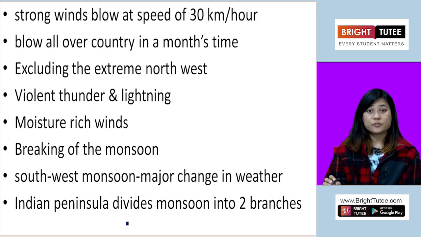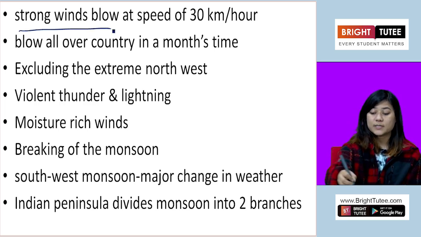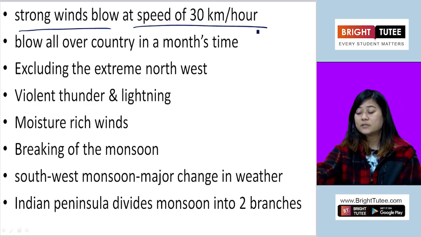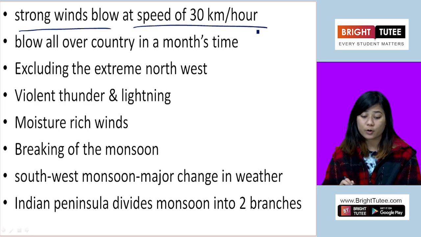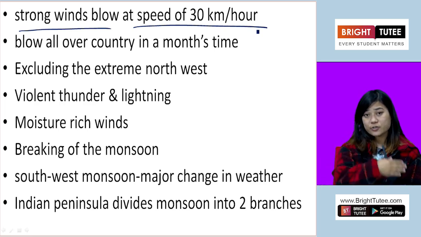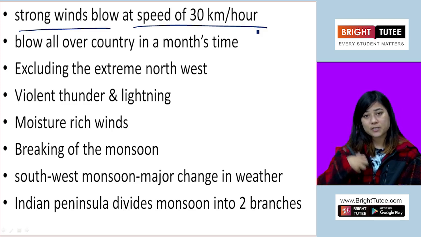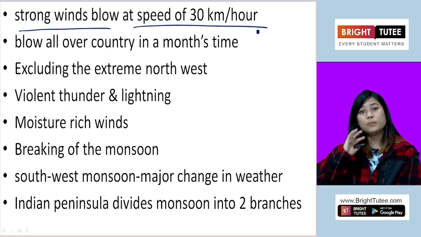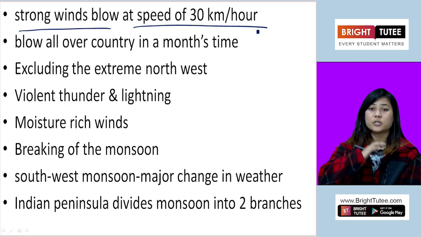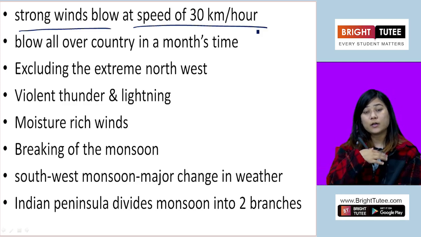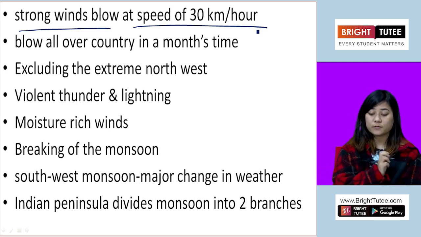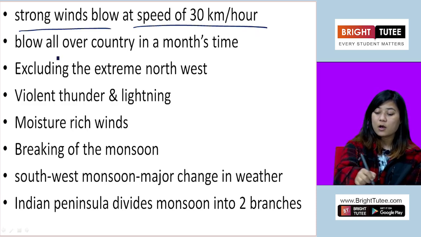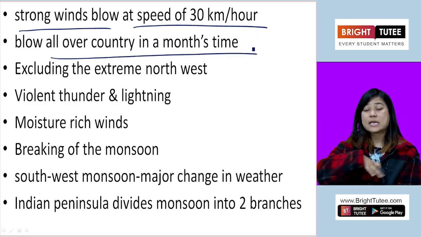And the trade winds are also strong winds, and they blow at a speed of 30 kilometers per hour. And this trade wind, originating from the southern hemisphere and blowing across the Indian Ocean, across the equator, in a southwestern direction, blows all over the country in a month's time.